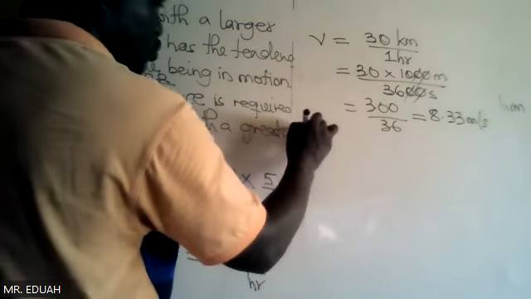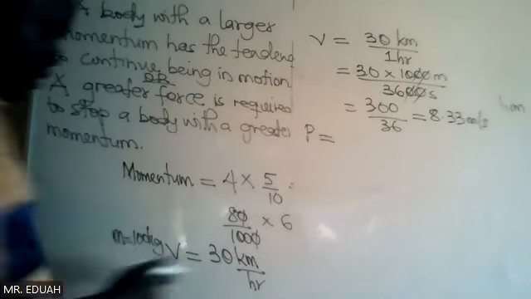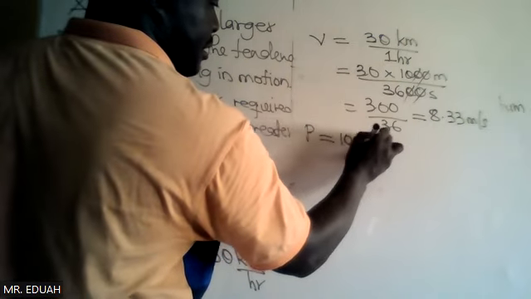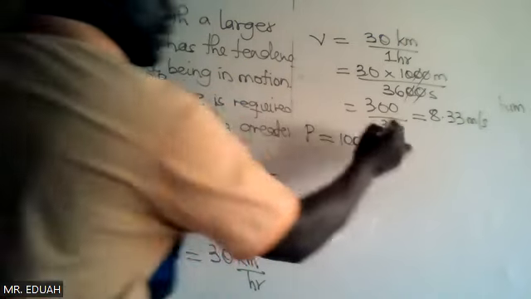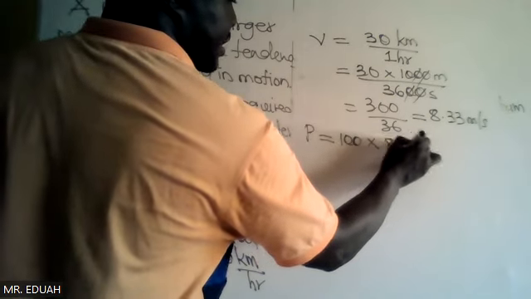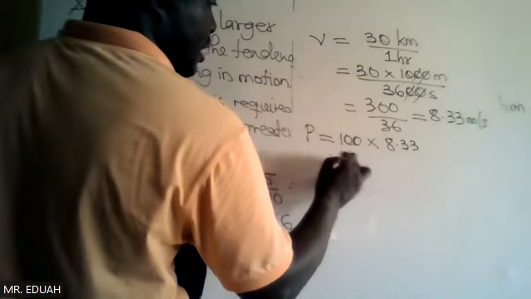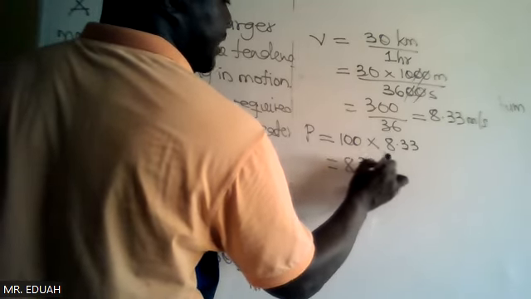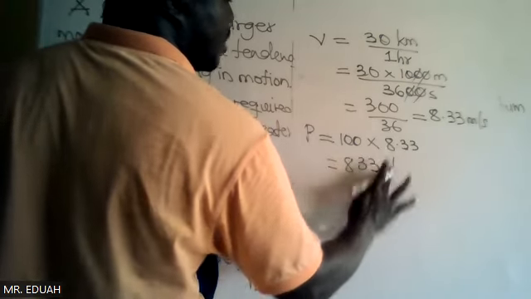Therefore, the momentum P would be equal to the mass, which is 100, times velocity, which is 8.33. And so we have 833 kilogram meter per second.